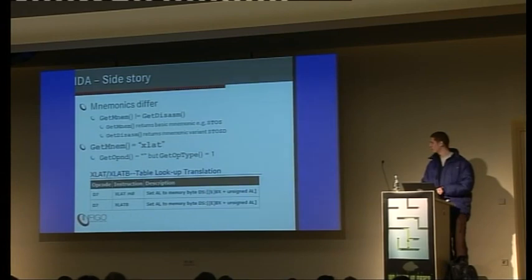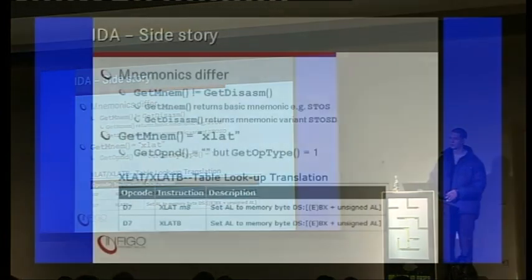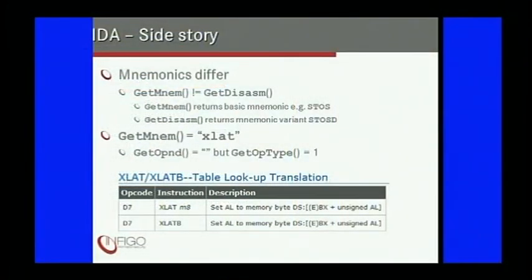So, side story, mnemonics differ. If you use IDA's get name function, you'll get a basic mnemonic associated with that instruction. So, for example, if you have a stosd instruction, get name will return stos. When you try to analyze the semantics of stos, it's not the same as stosd. The sizes of the operands are different, and you lose much of the information associated with the semantics of the instruction.